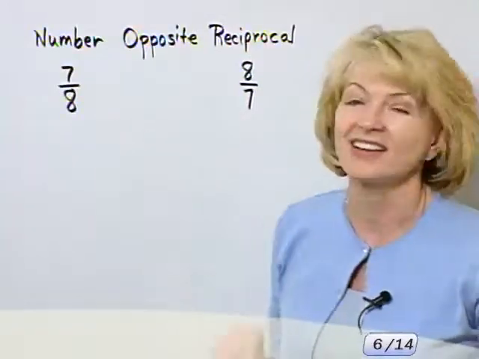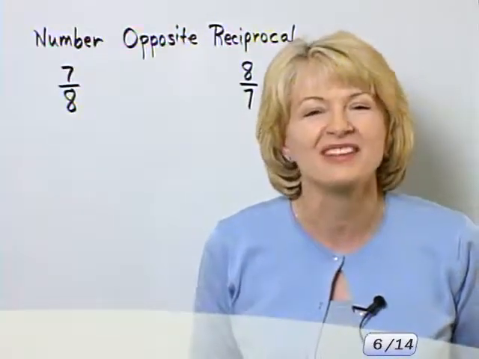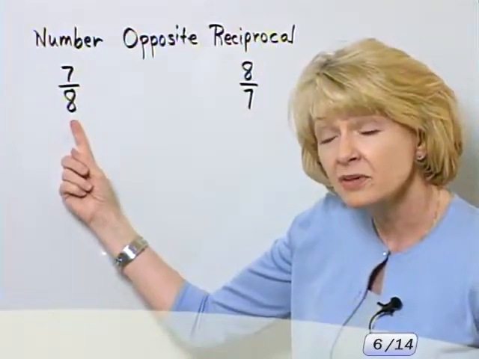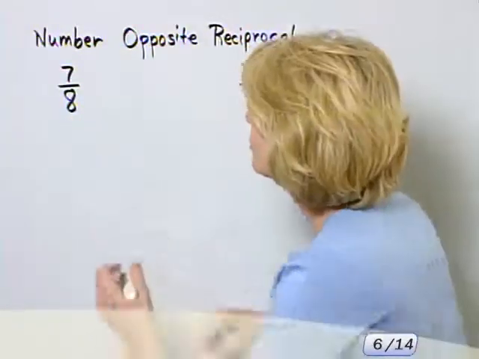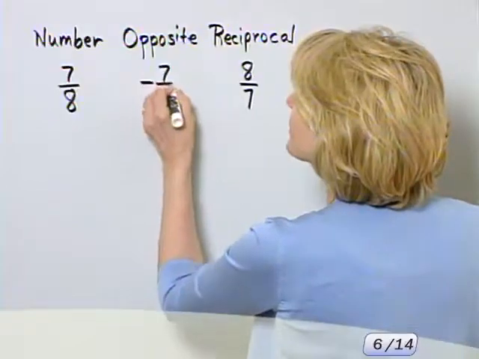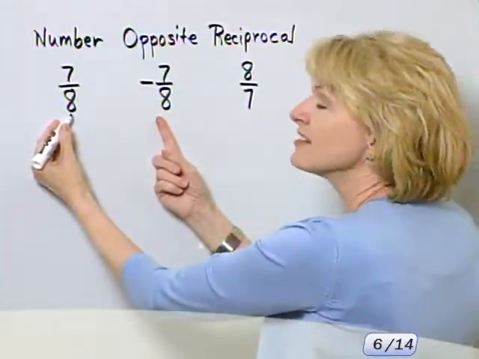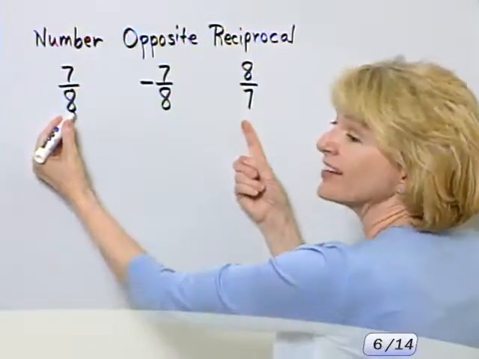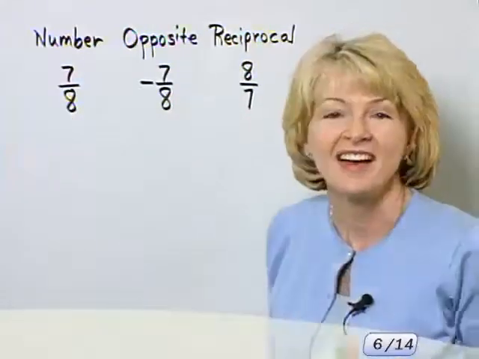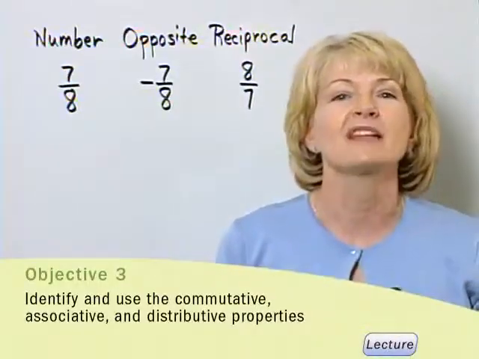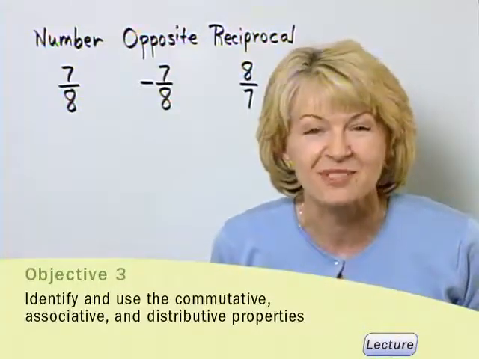Notice this product is 1, so we know that they are reciprocals. And then what is the opposite of this number? The opposite of 7 over 8 is -7 over 8. This sum is 0. This product is 1. And that'll work every single time. Now let's talk about some other properties of real numbers.